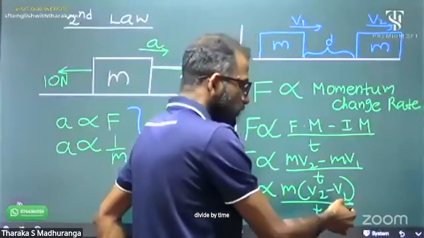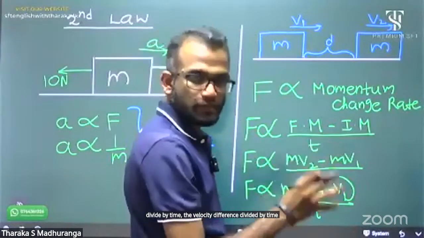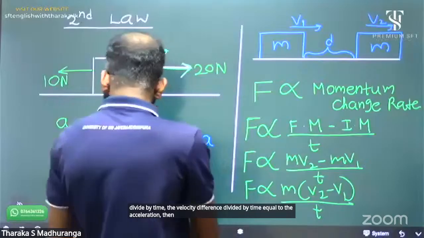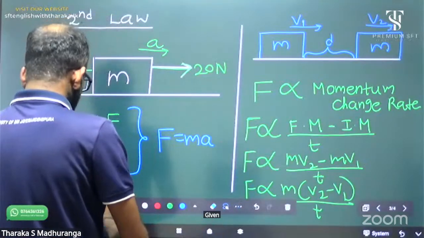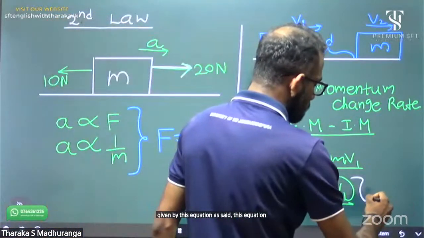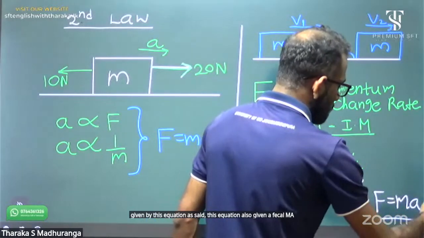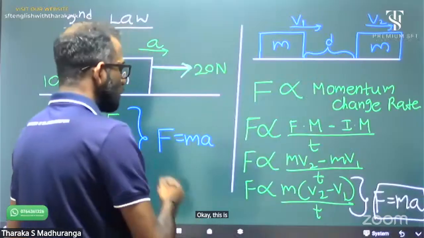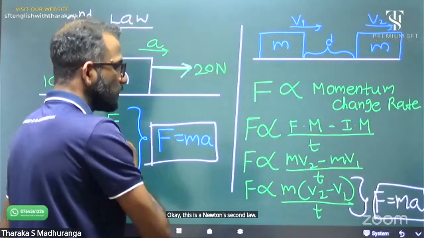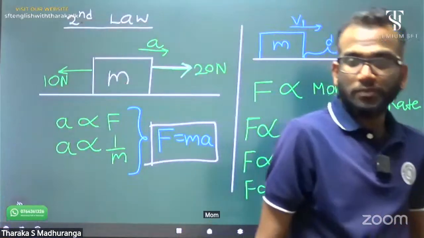The velocity difference divided by time equals acceleration, so F equals ma is given by this equation as well. This is Newton's second law, the acceleration based method and the momentum based method.